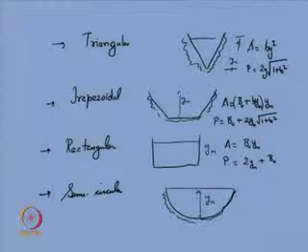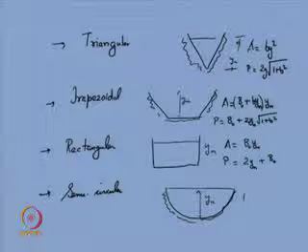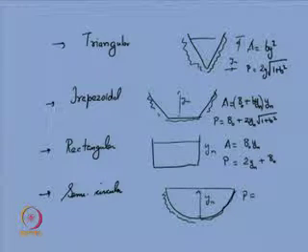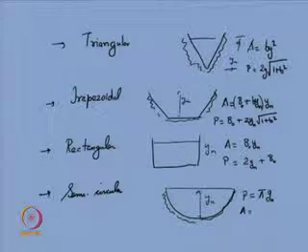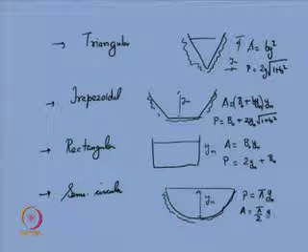Now, for a semicircular case we have not discussed like that, but still it is quite obvious for you. Your wetted perimeter here is equal to pi times y n, and your area is equal to pi by 2 y n square.